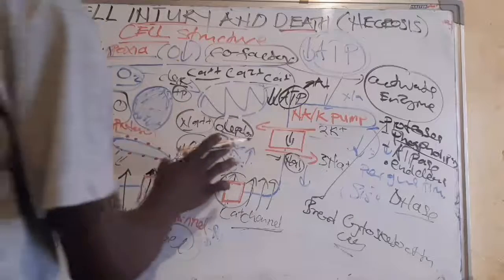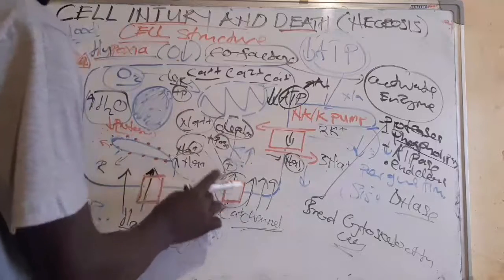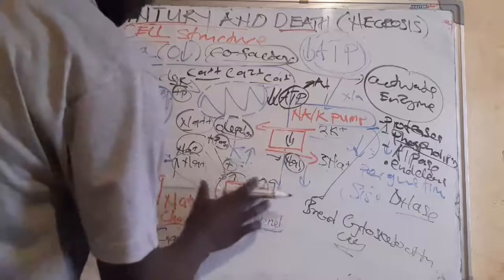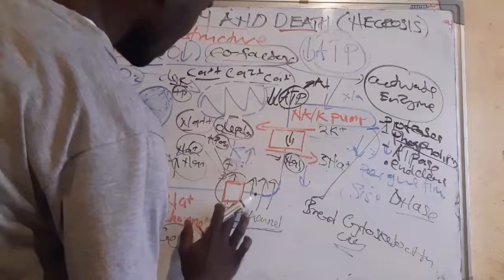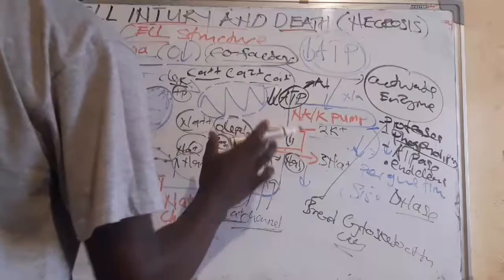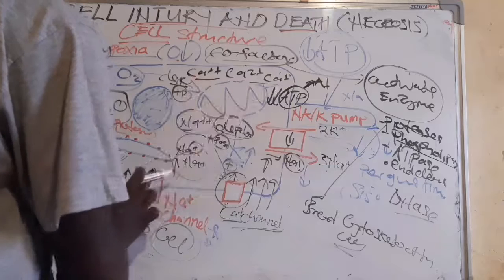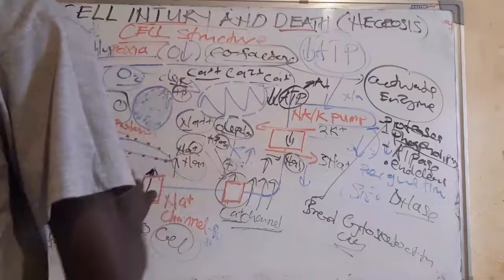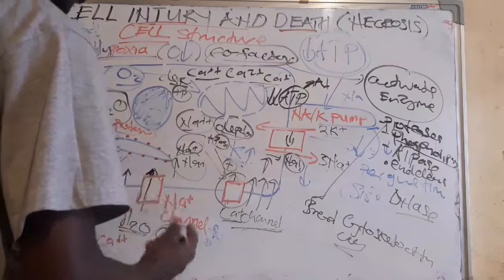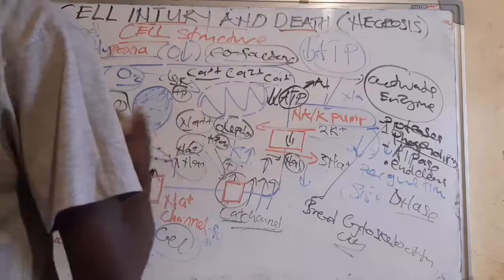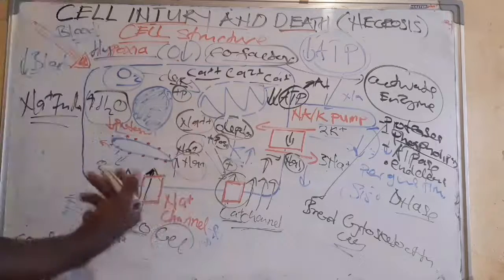As it becomes more positive, it activates the opening of the calcium channel. When the calcium channel opens, it allows calcium to enter into the cell. This increases the calcium ion influx, and also the sodium ion influx.